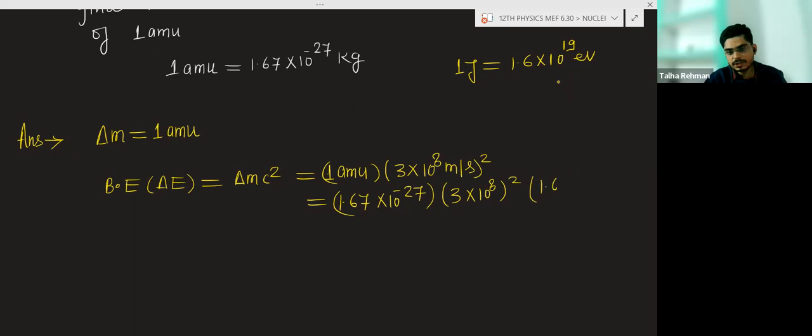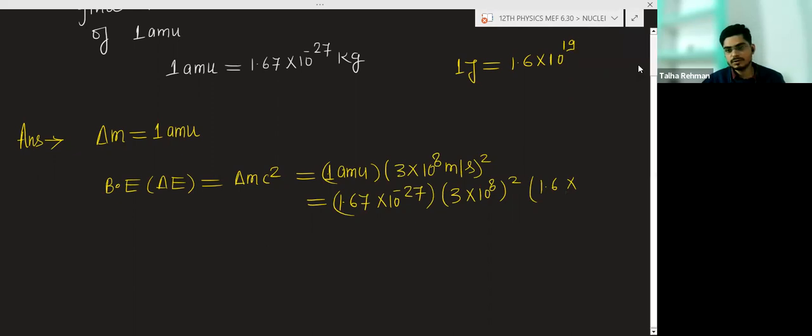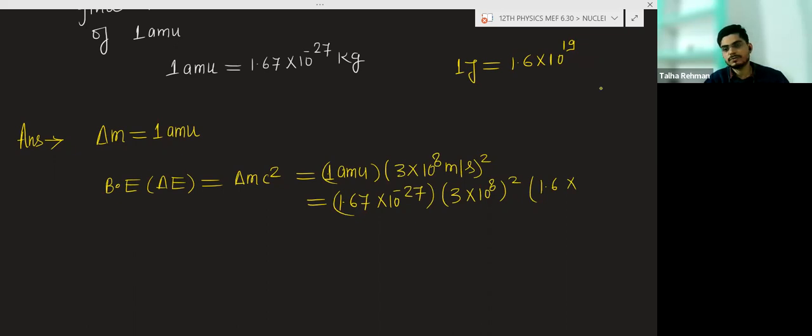1.6 into 10 to the power... oh, actually this is mega electron volt. Okay, sorry, it will be electron volt. So it will be 1.6 into 10 to the power 19.